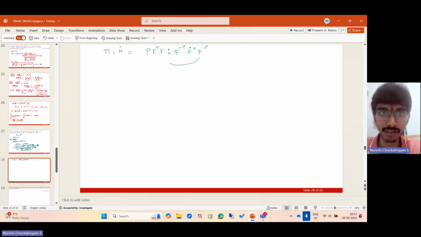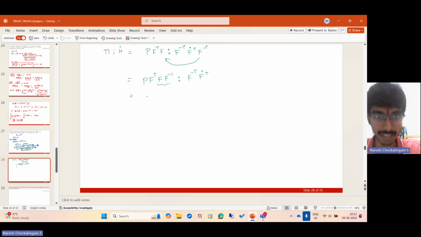You can push it to the left hand side of the double dot. When we multiply with the transpose, we get F P F transpose F. What is this? F inverse transposed. So we get F inverse double contracted with F inverse transpose F dot transpose. So this is just the identity. We get P F double contracted with F inverse transpose F dot transpose. But what is F dot transpose?